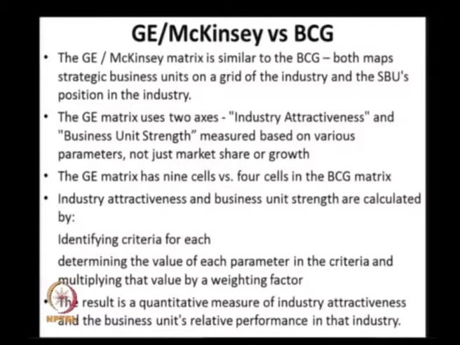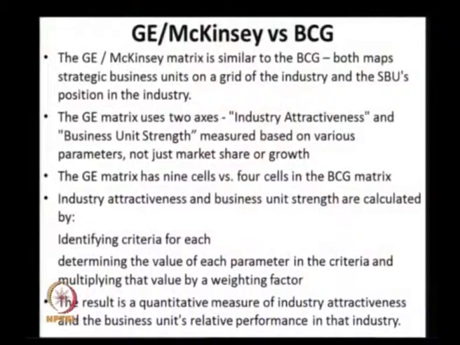We identify various criteria that we think measure industry attractiveness or are relevant for business unit strength. And not only that, how relevant it is. Suppose, let us say industry attractiveness, I identify 10 parameters and give a weightage to each of them.